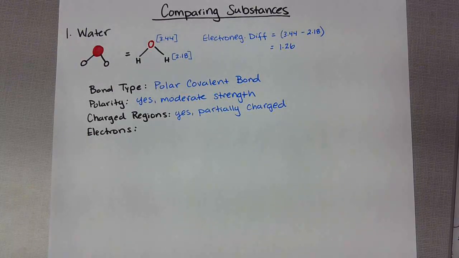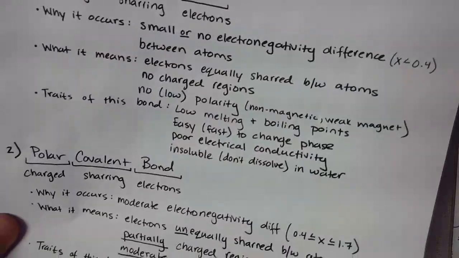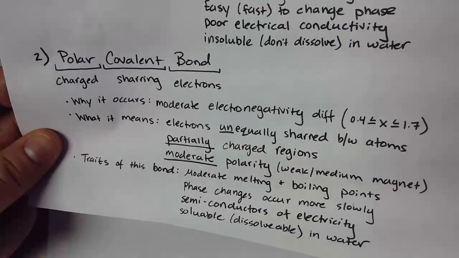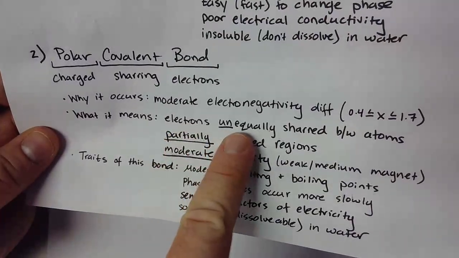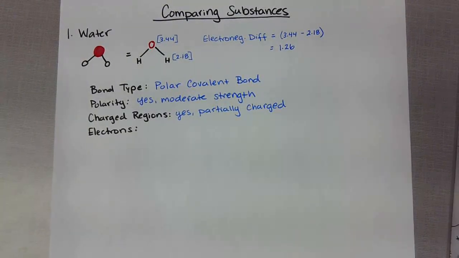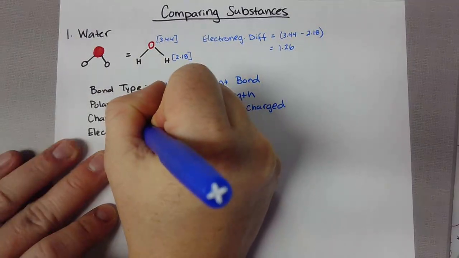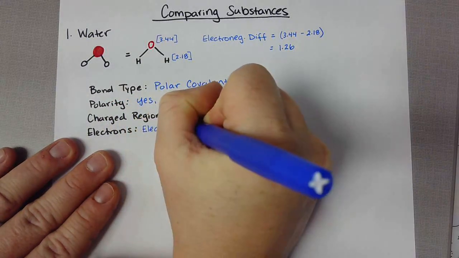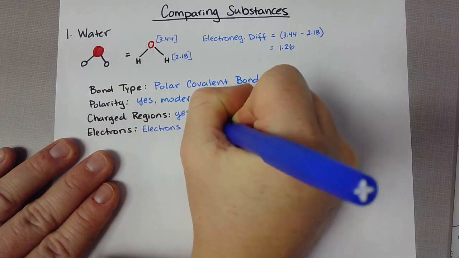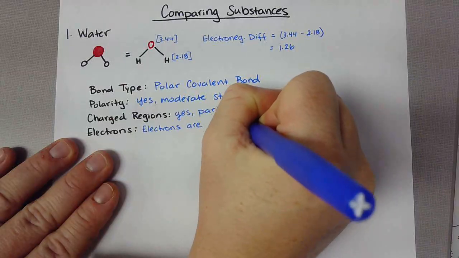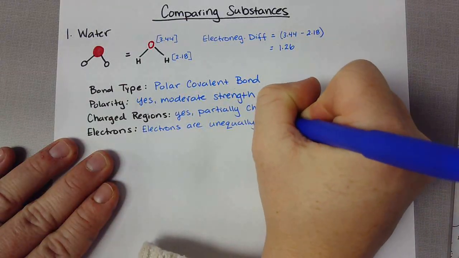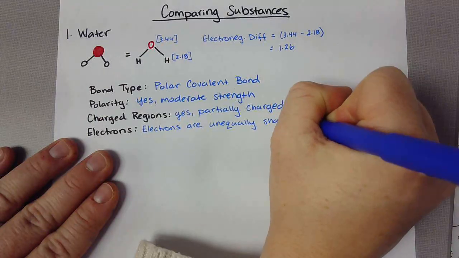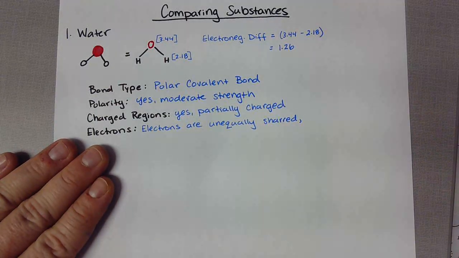First thing we can identify using what we learned last class. In general, where are electrons in a polar covalent bond? So electrons are unequally shared. That much is still true, but we can get more specific. We can actually figure out how they are shared.